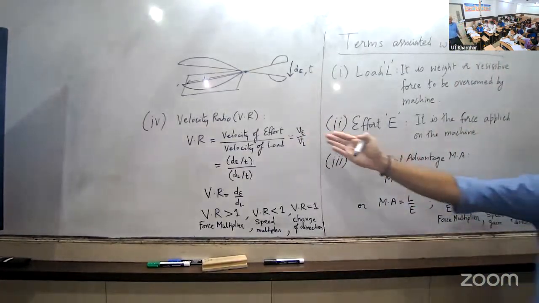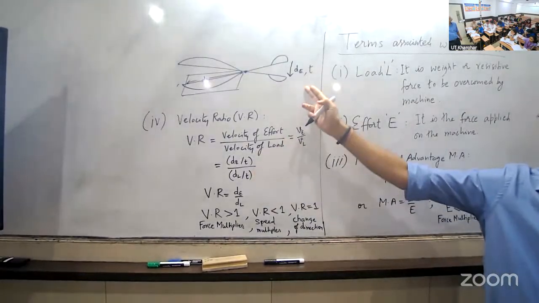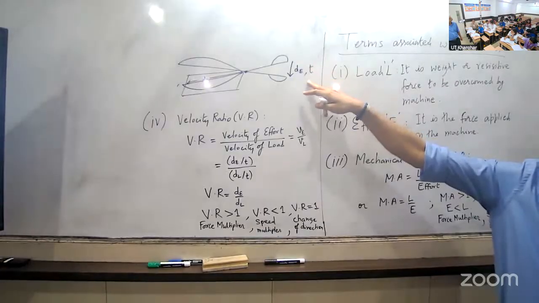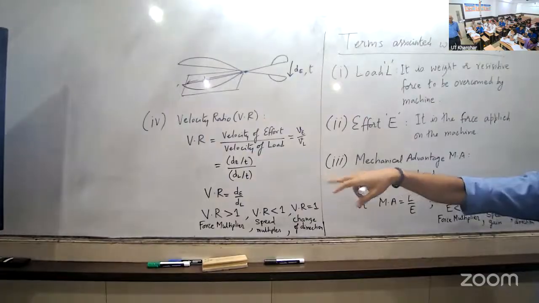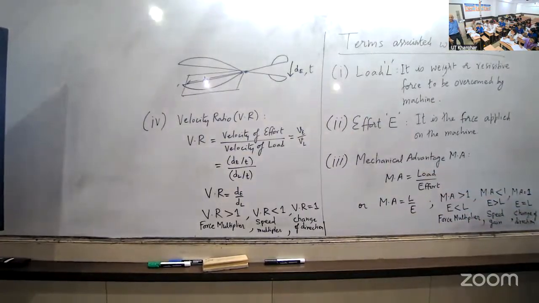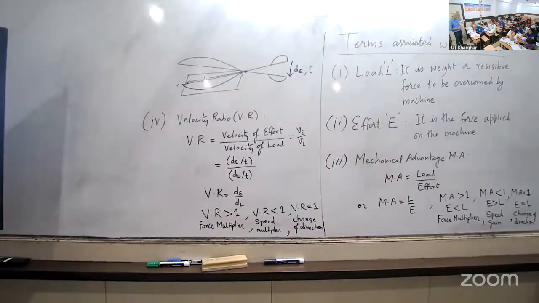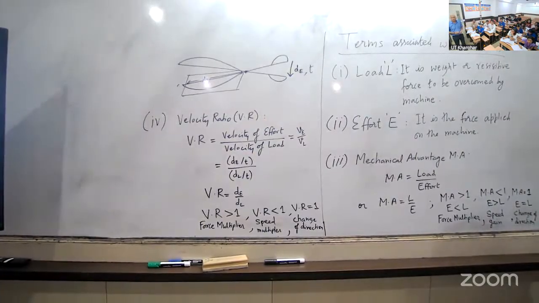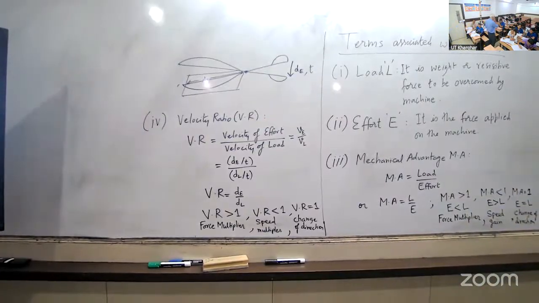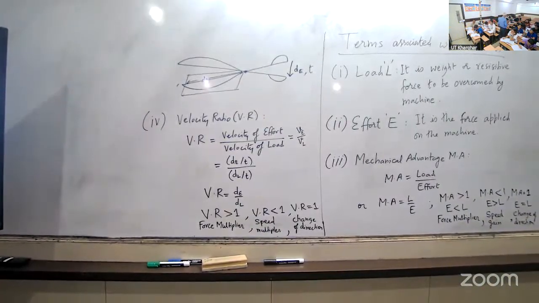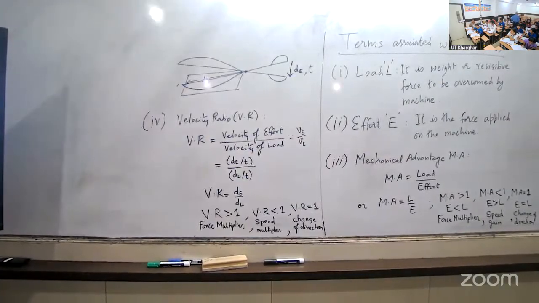By definition, it is displacement of effort divided by time, and in the same time, the displacement of effort is also the displacement of load. So t gets cancelled. Are we okay till here? These are the parameters that we will be deriving for all the machines that we are going to learn now.